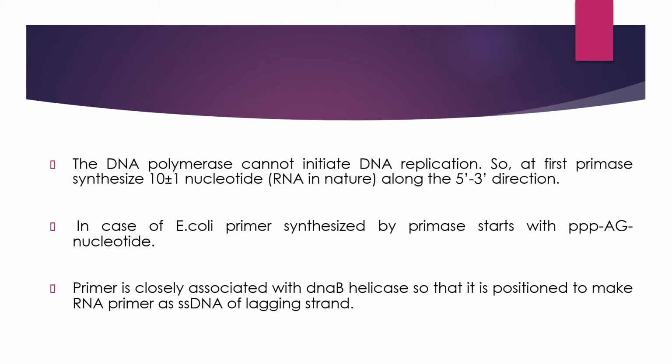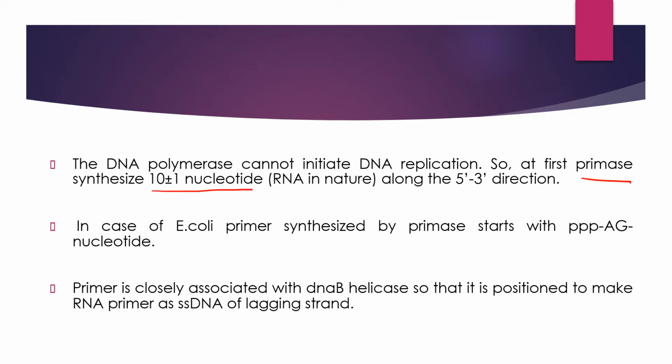The DNA polymerase cannot initiate the DNA replication. Always remember that DNA polymerase can never initiate the DNA replication. What is required? A small primer is required, which will provide the 3' OH group. So first, with the help of primase enzyme, what is formed?